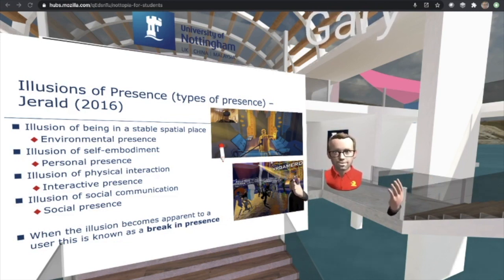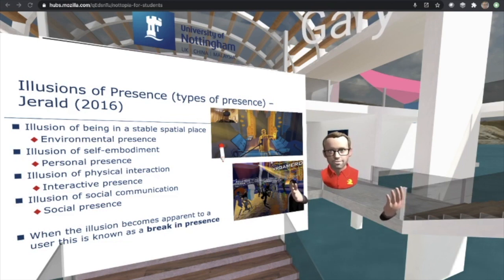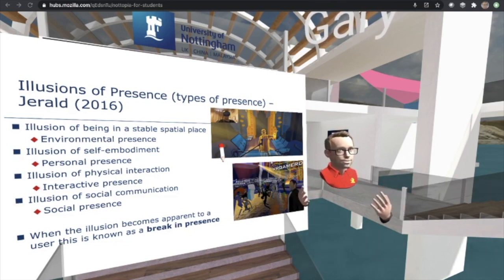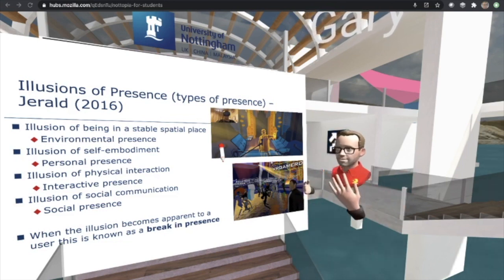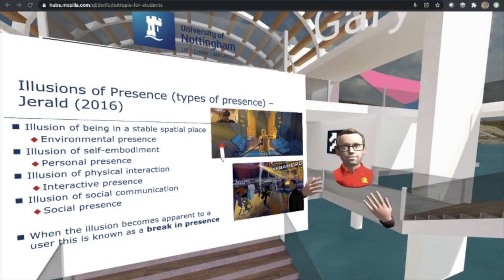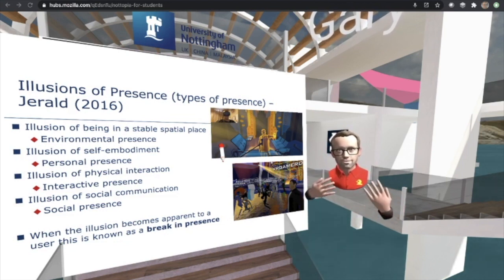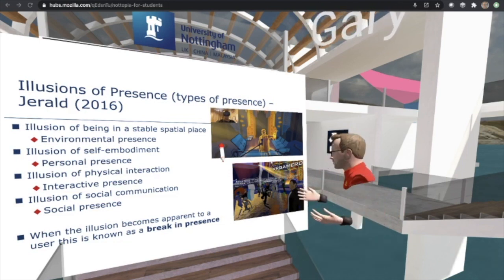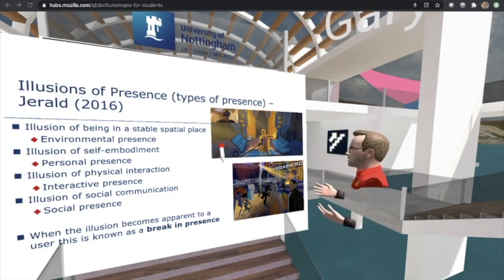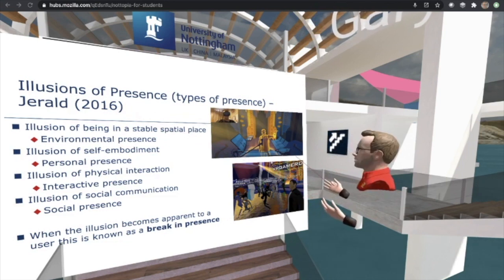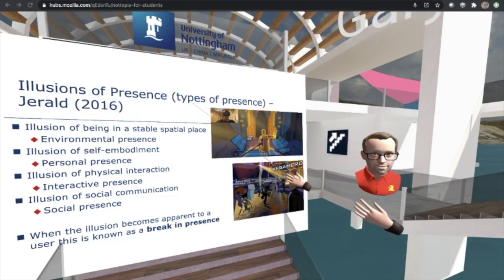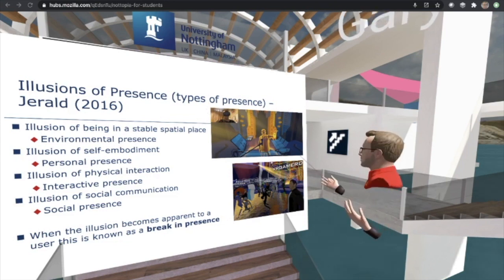These all form breaks in presence, and through our virtual reality procedures that we might adopt in a study, we aim to minimize breaks in presence.